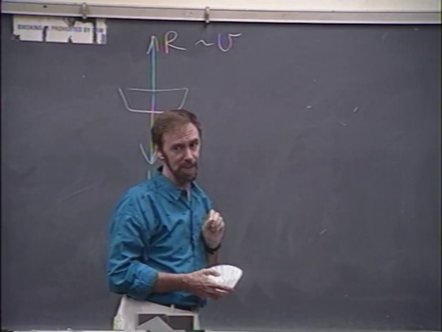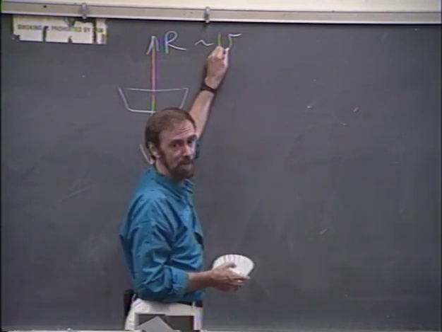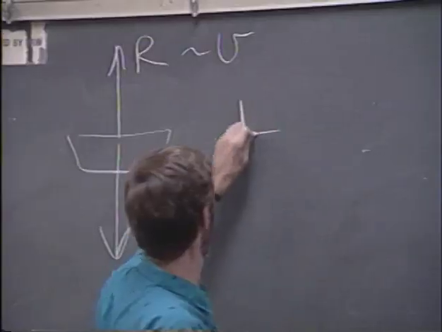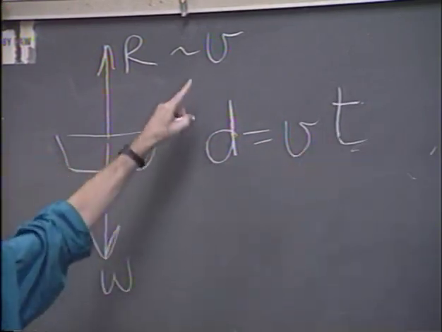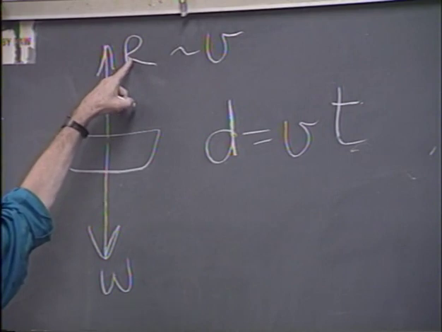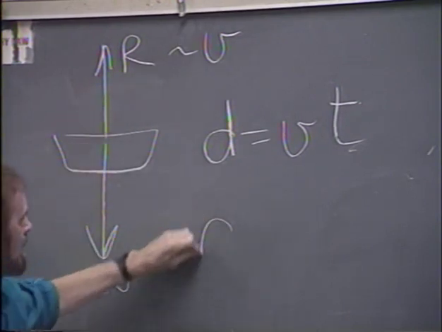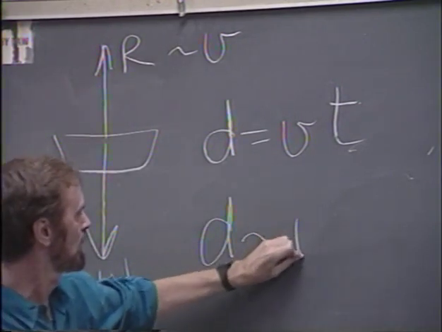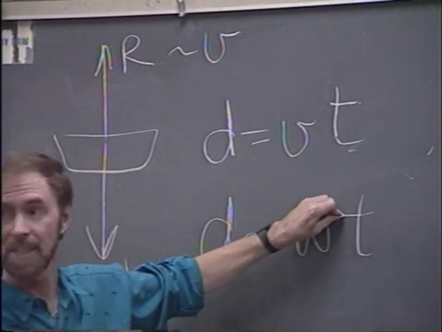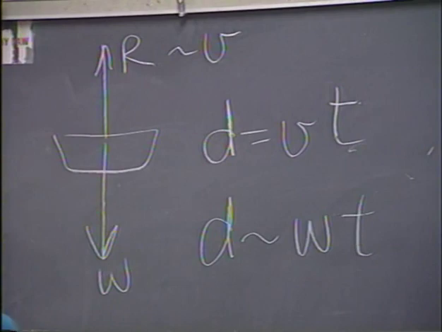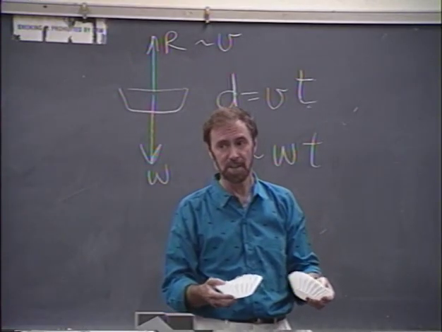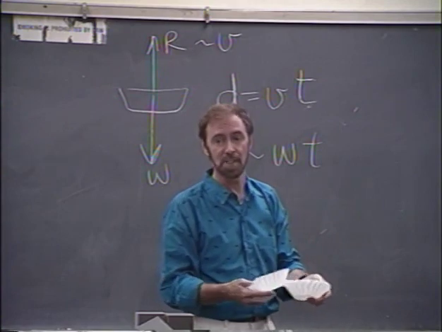If it's directly proportional to speed, then, remember the distance is speed times time, that would mean the resistance is proportional to the speed, the weight is proportional to the resistance, so the distance something falls would be proportional to the weight multiplied by the time. If that's true, that means something twice as heavy will fall twice as far in the same time. Let's see if that's true.